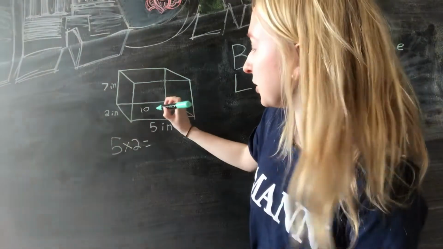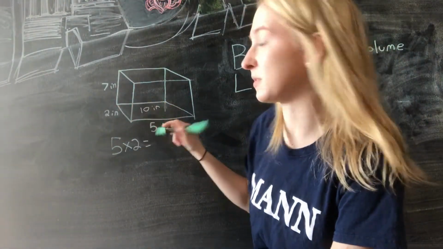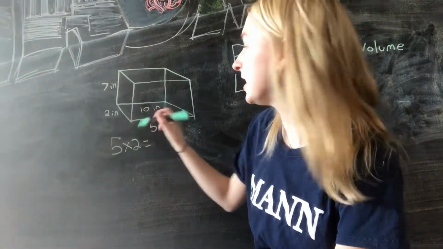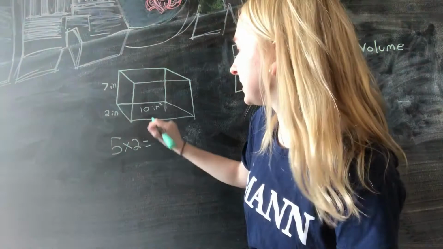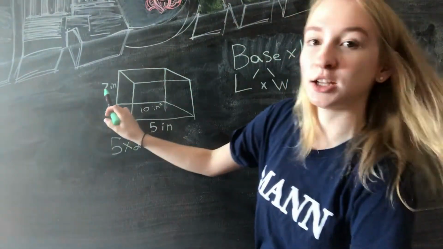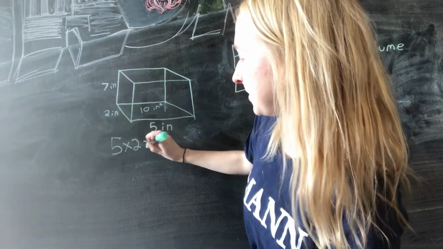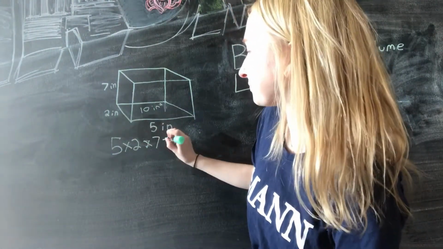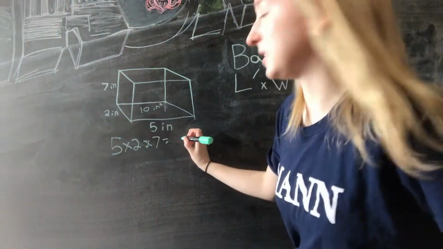And then keeping units, because it's now a two-dimensional thing, because we're finding the area of this, it's inches squared. Once I have this 10 for the base, I'm going to multiply it by the height, which is 7. So we're going to do times 7.